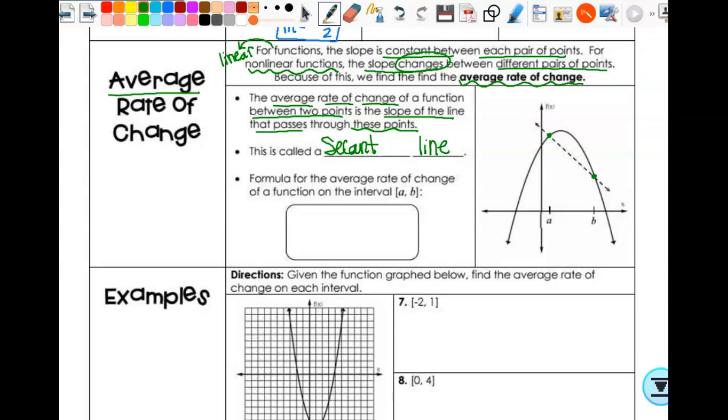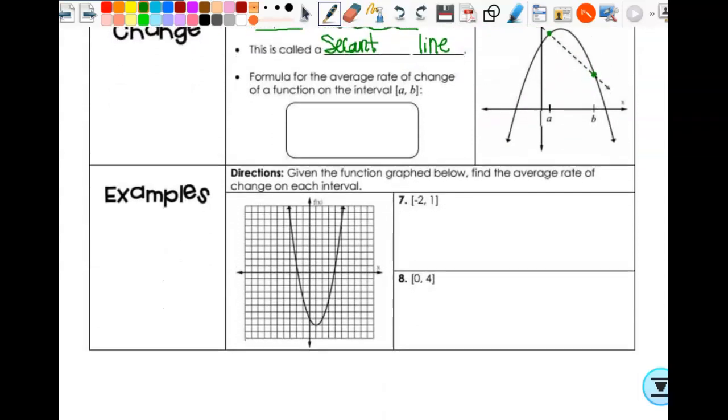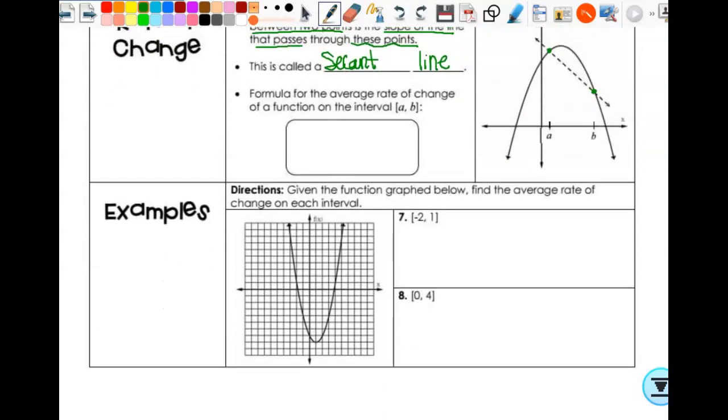So the formula for this would look like this. If this is A, my x value, then for this point the y value would be f of A. If this is B, then the y value for that point would be f of B, because that's how you calculate it, right? It's x and f of x.